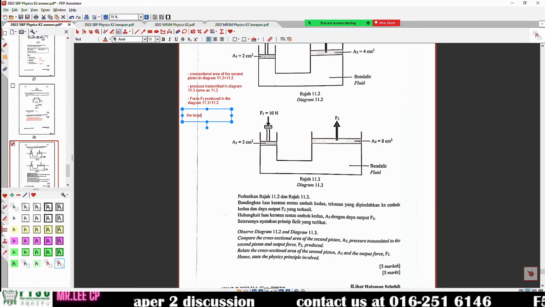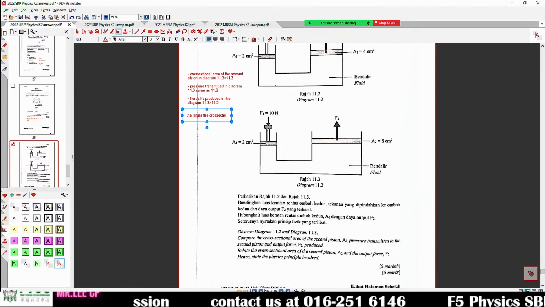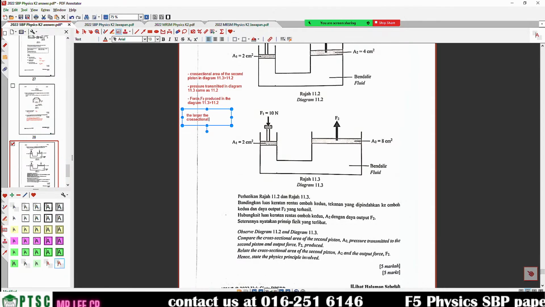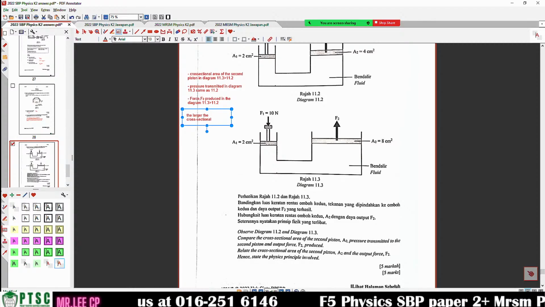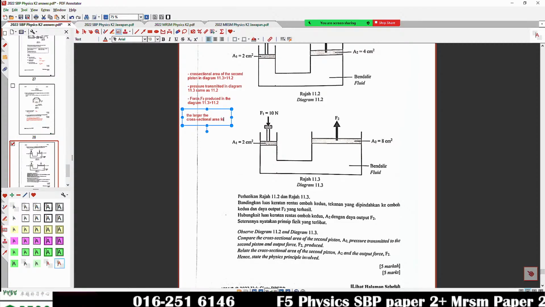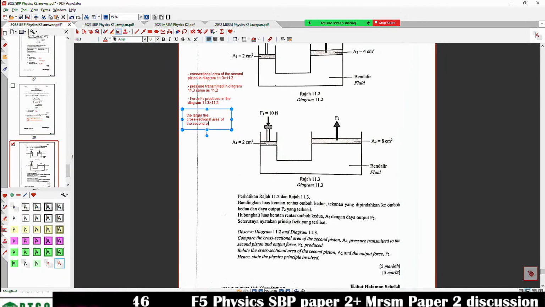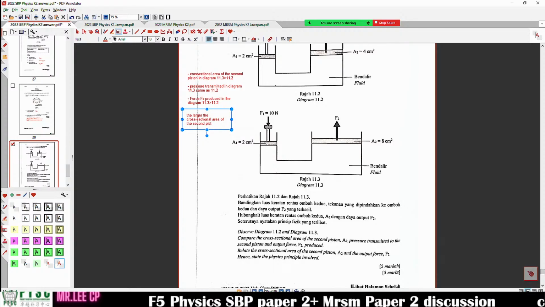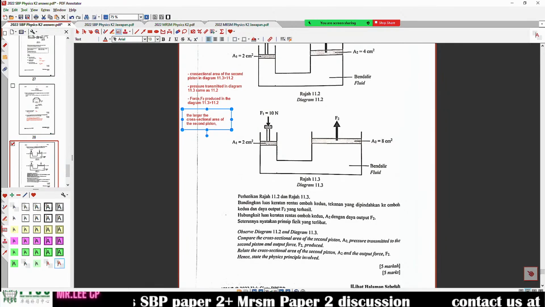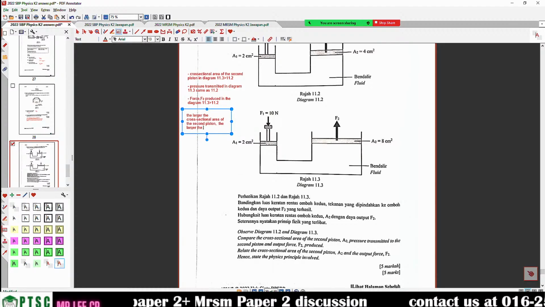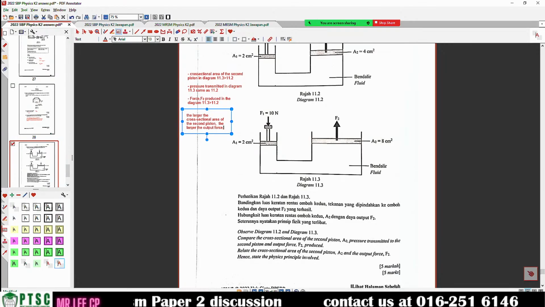The larger the cross-sectional area of the second piston, the bigger the piston, the larger the output force, F2.